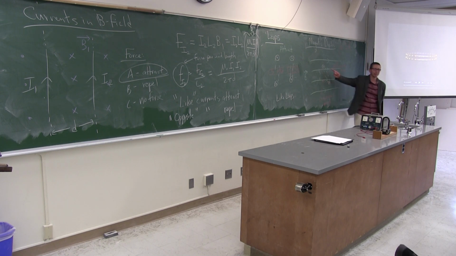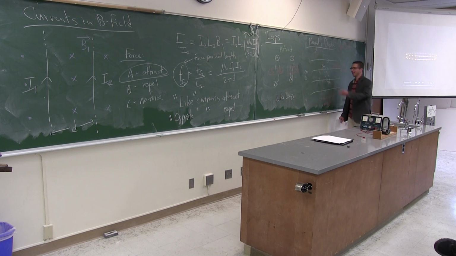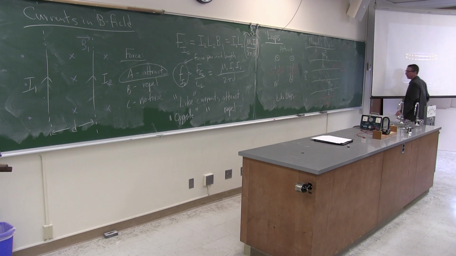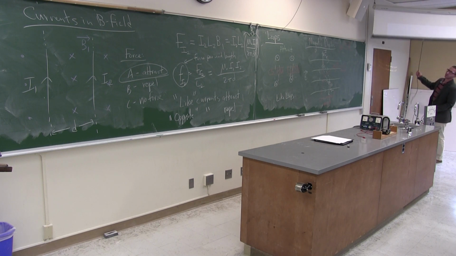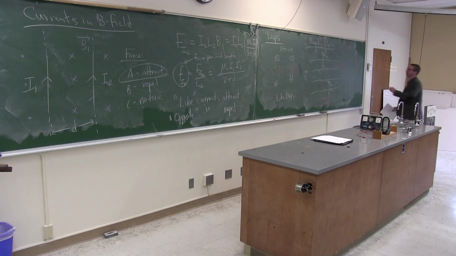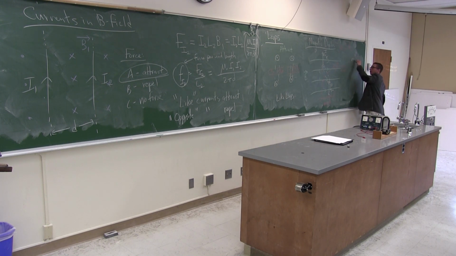This top little chunk of current that's coming directly out has an upward force, right? What about this downward section? There's a downward force. So in a uniform field, and we'll end on this, if the field is uniform, there's no net force.